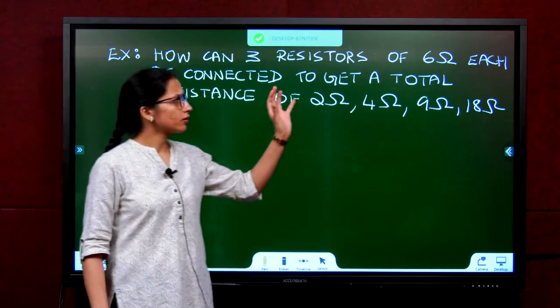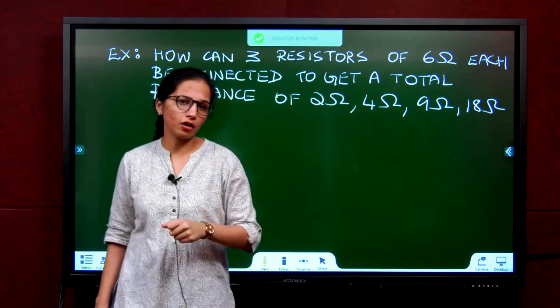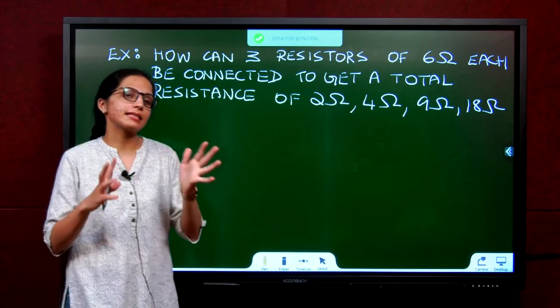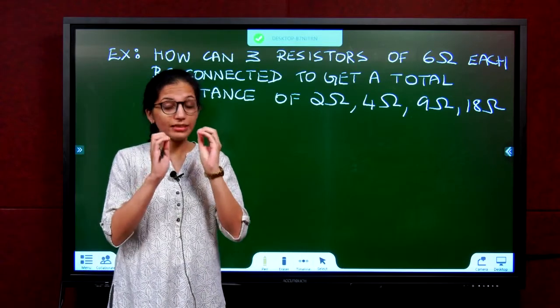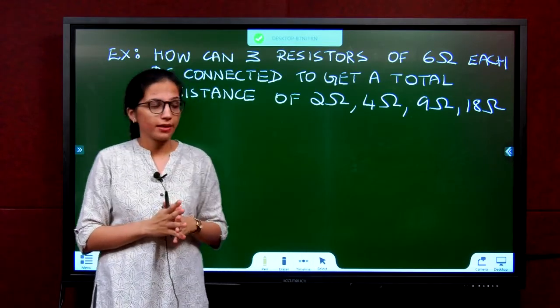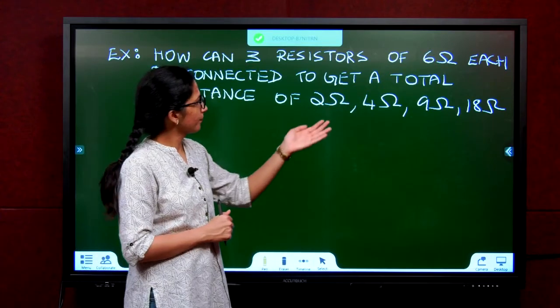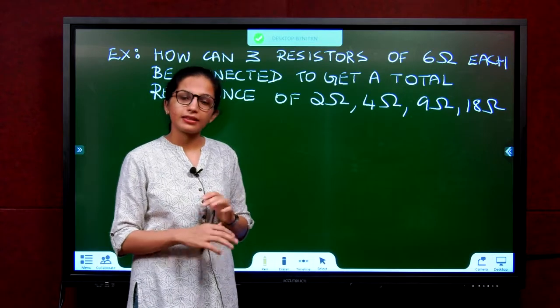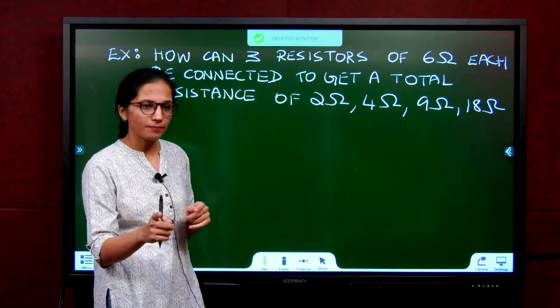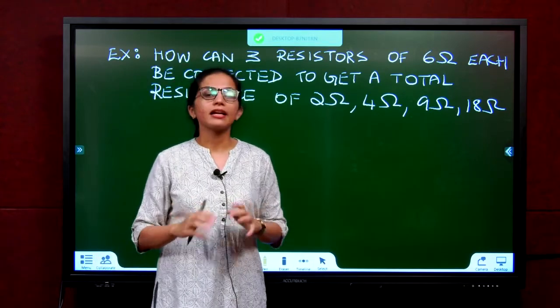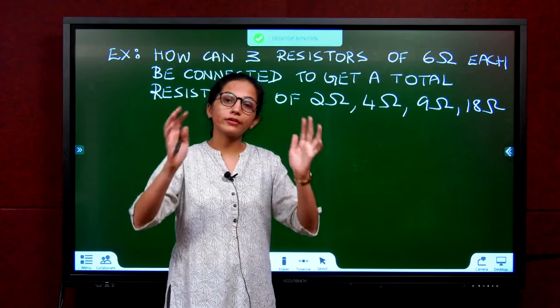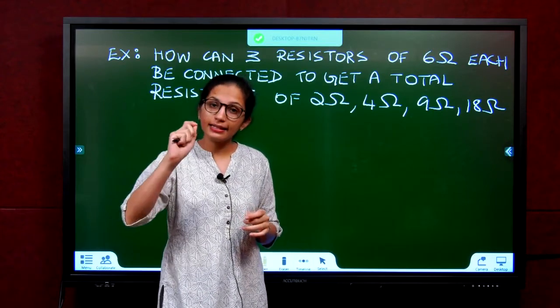If you go for a parallel combination, the total resistance is less than the least resistance. That means you will get the least possible value. So, less than 6 ohms, what is there? 2 ohm and 4 ohm. That means if you go for parallel combination, one of these will satisfy. Why? In a parallel combination, the total resistance is less than the least resistance.